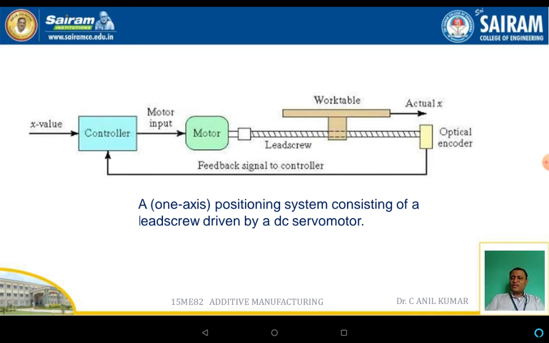A signal is given to the motor, which drives the lead screw, by which the table automatically moves. But if there is any variation or error in the table movement, the optical encoder sends feedback to the controller for action.